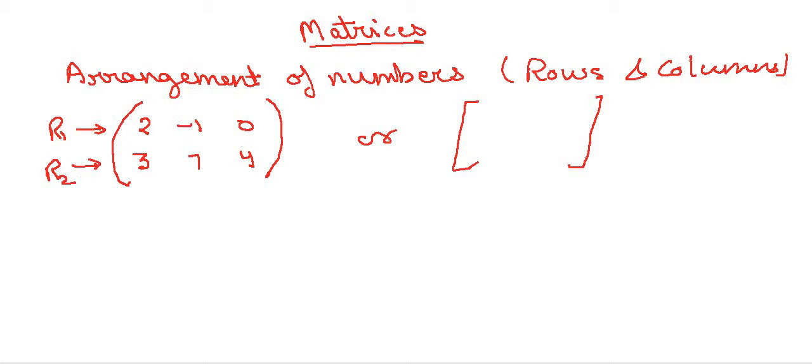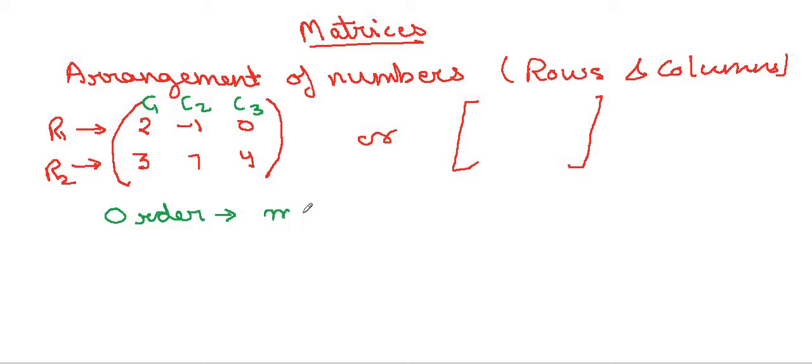And next we talk about columns. This vertical arrangement 1, 2 and this 3, this vertical arrangement is called a column. So how many columns are there? There are 3 columns in this. So we can write C1, C2, C3. When we say the order of a matrix, this represents the size of the matrix.